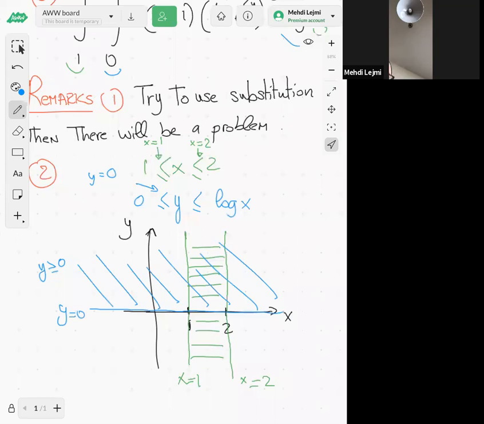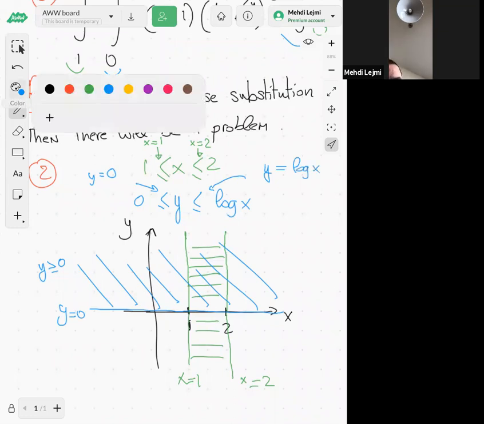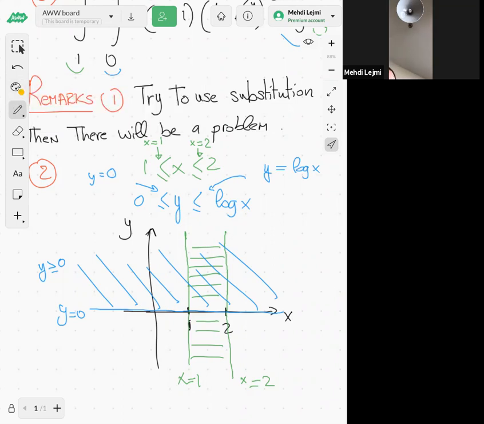And then the next function is y equals log of x, or natural log of x. I'm going to use yellow. If you graph y equals natural log of x, log of 1 is going to be 0.